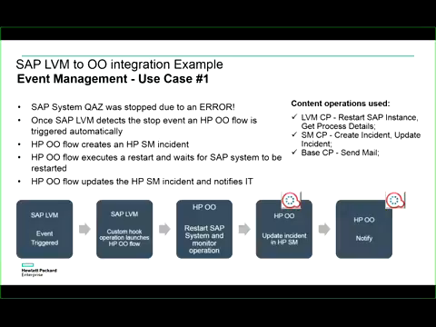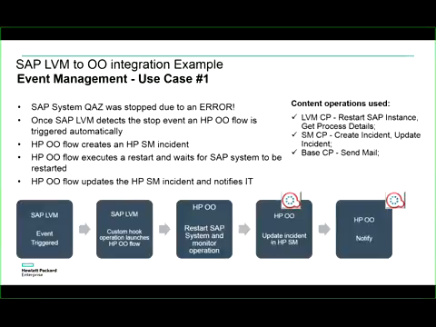One instance of this use case would be the fact that an operation has been executed on one of the SAP systems managed by LVM, and due to an error, the system has stopped and an error hook is triggered by LVM. The error hook definition has an OO flow linked to it, which will then be triggered. The OO flow creates a service manager incident containing information on the disabled SAP system.